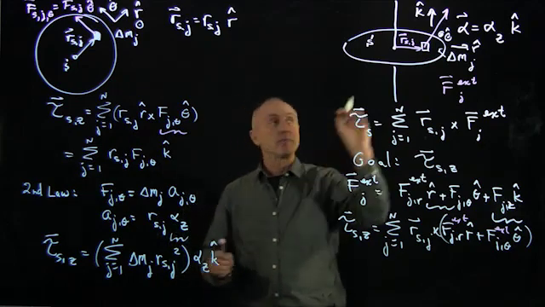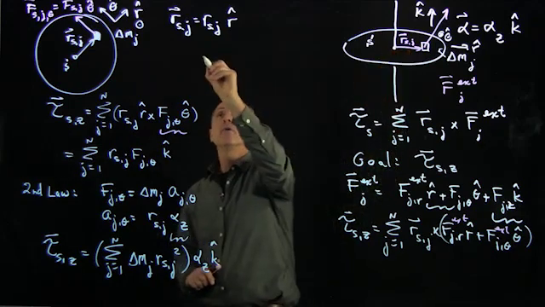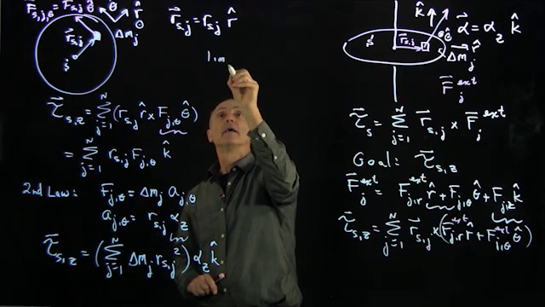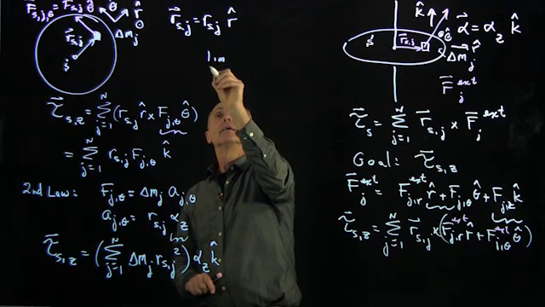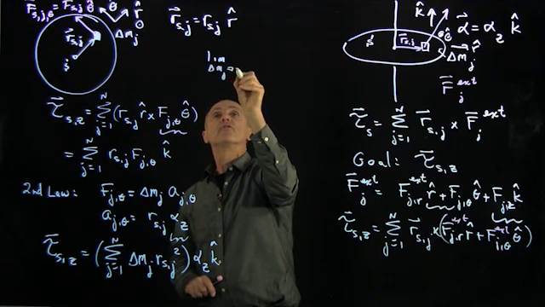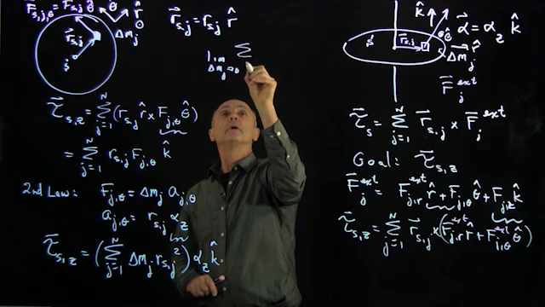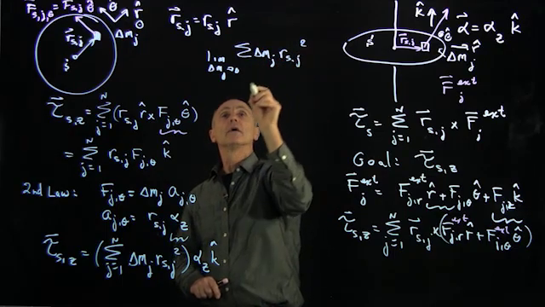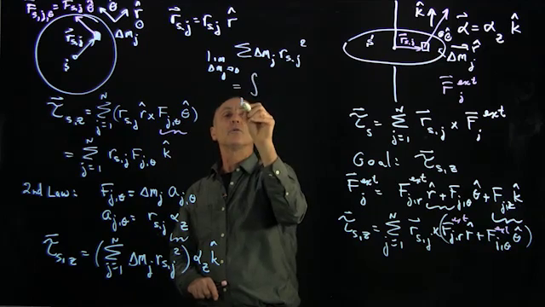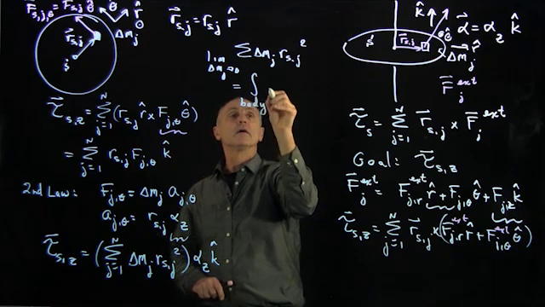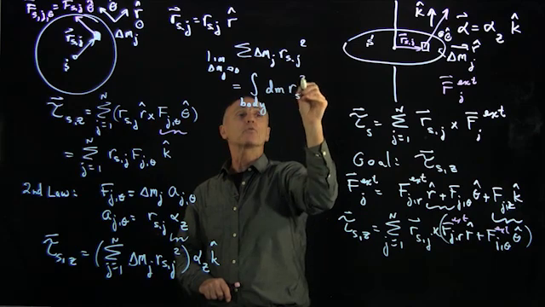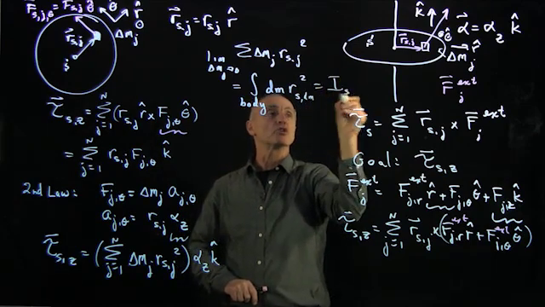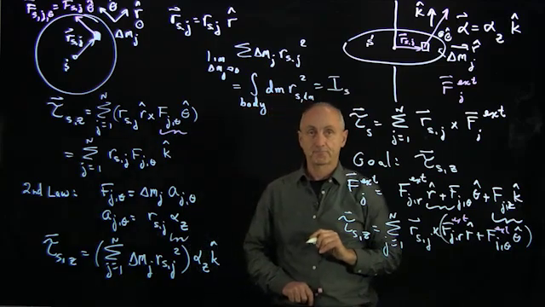Now, because we have a continuous body, we have to again consider a limit. So let's call the limit as delta mj goes to 0 of this sum, delta mj r_Sj squared. Well, that's an integral over the body of dm r_S squared, and we identified that before as the moment of inertia about the z-axis.